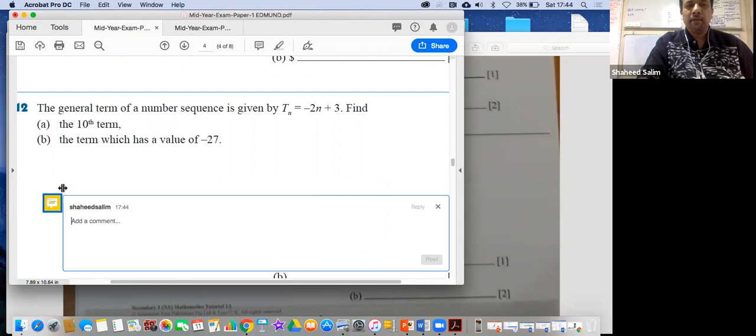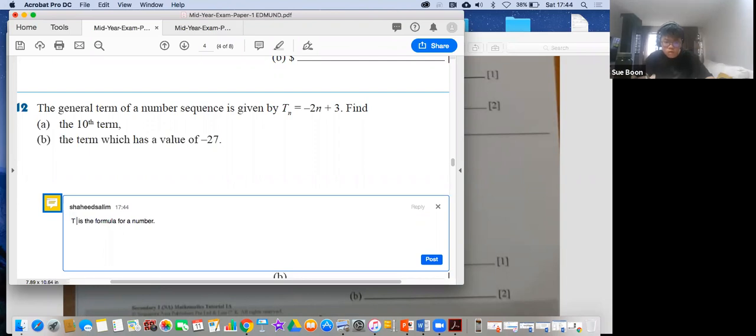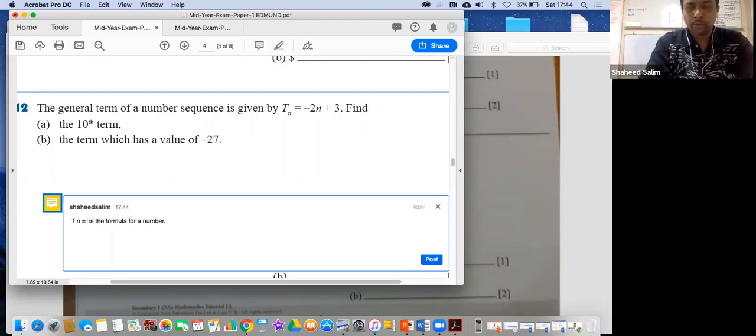Now I write in simple English for you. This is the formula for a number. That's what they're saying. Tn equals minus 2n plus 3 is the formula for a number.